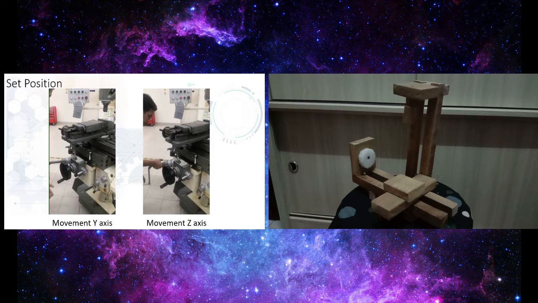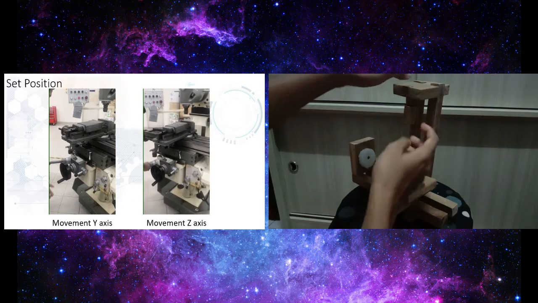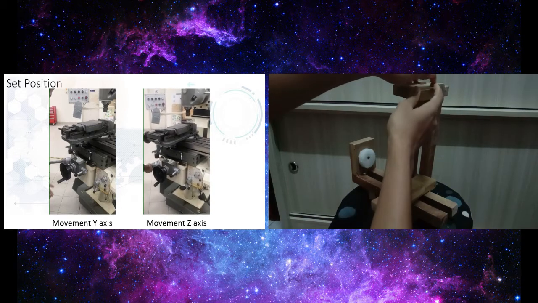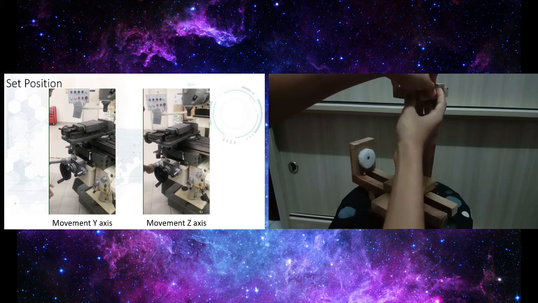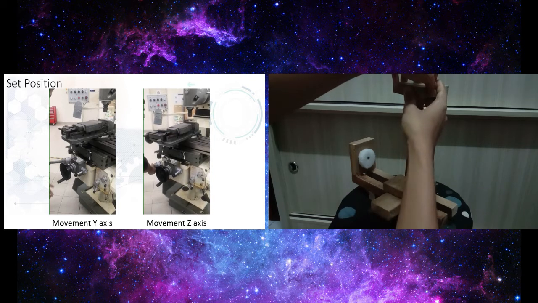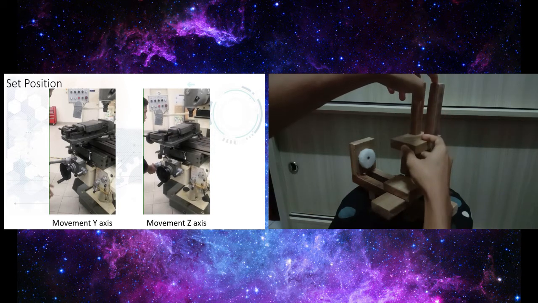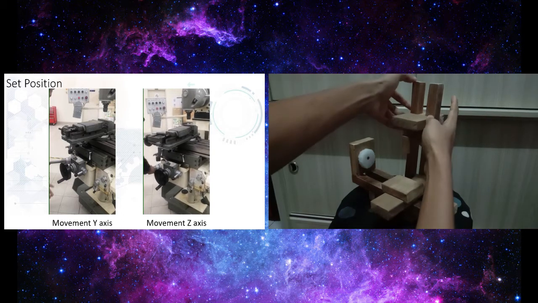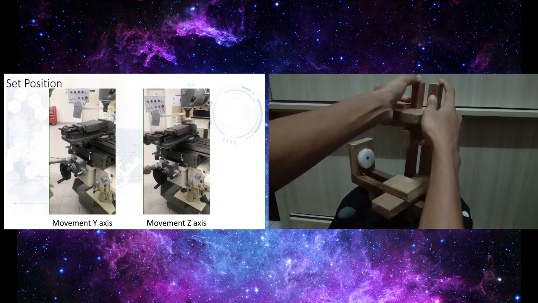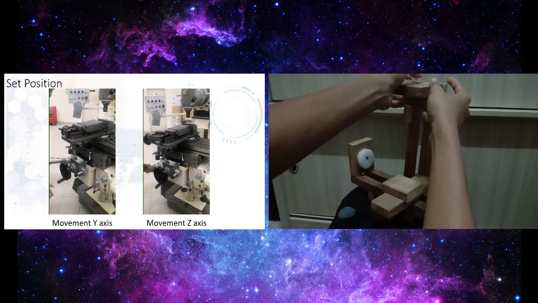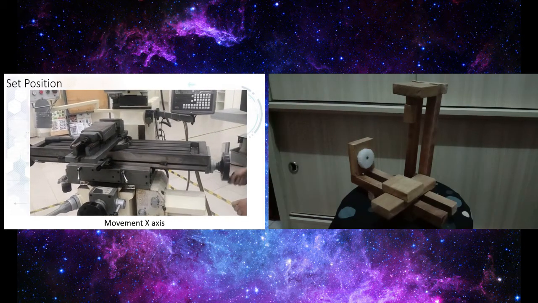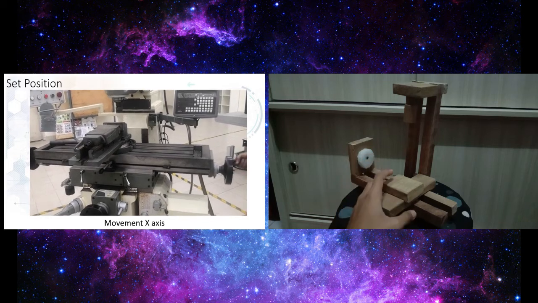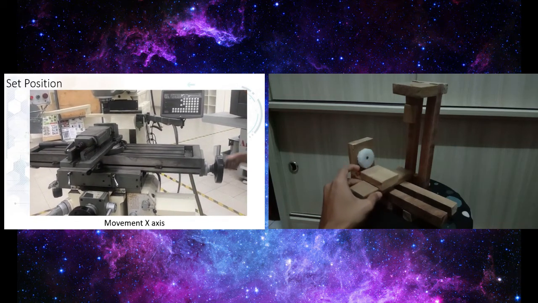So the movement will be like this. In the lecturer's video, the table moves upward and downward, so we will follow that. So for the Z axis, the movement will be like this.